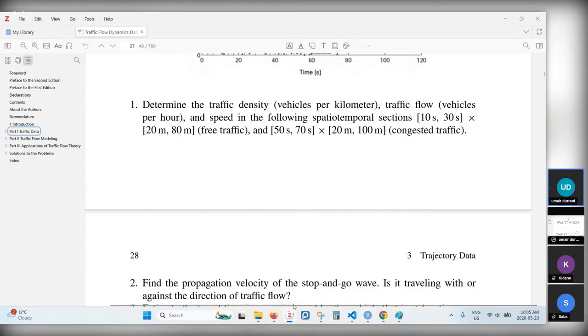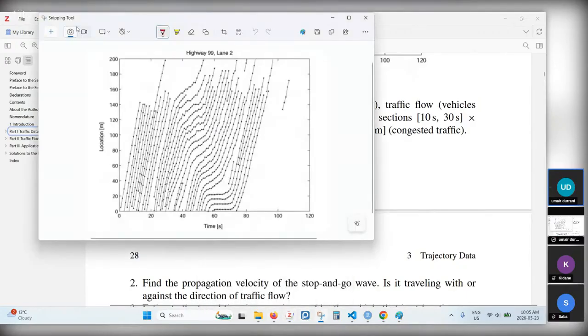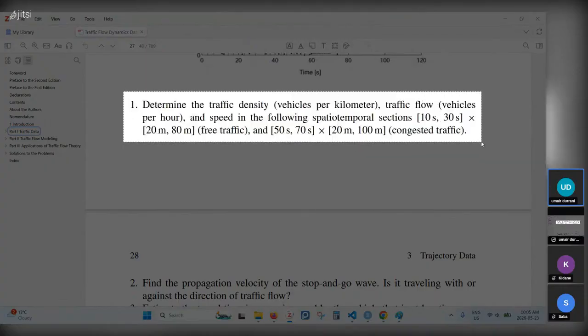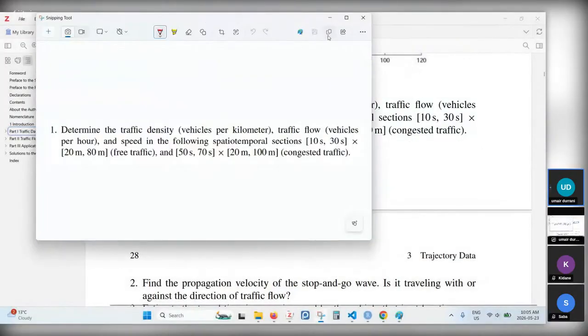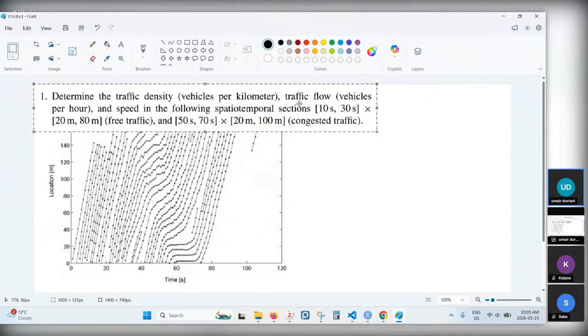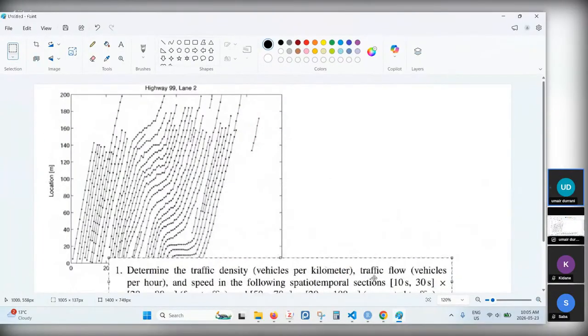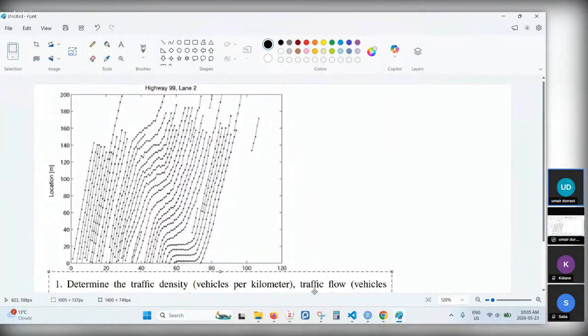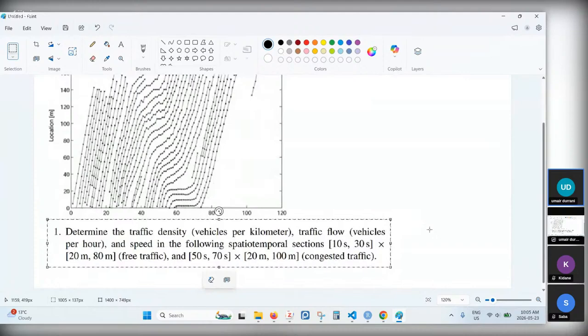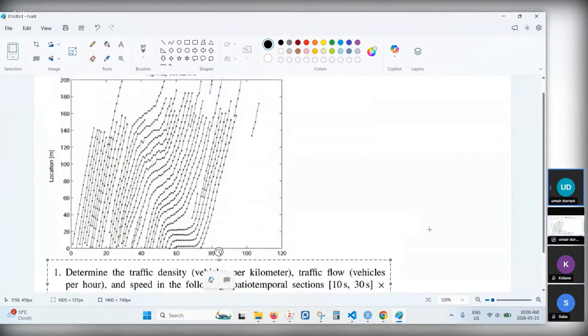So I'm going to also take this part and put that with the trajectory plot. This is what we need to do. So 10 to 30 seconds and 20 to 80 meters. So let's draw a line.